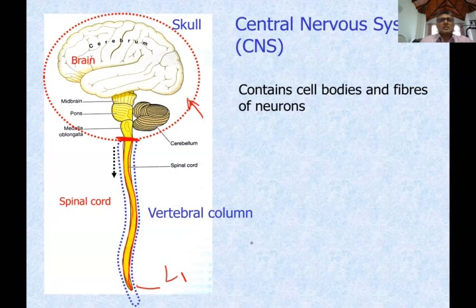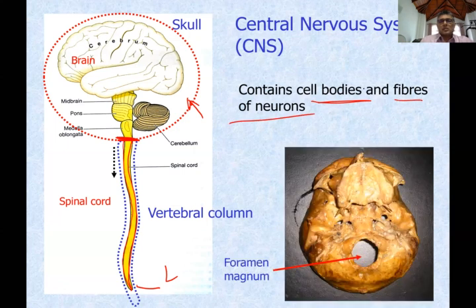And the central nervous system contains cell bodies and nerve fibers. I will come back to it. So this is the foramen magnum. You have learned it. Okay, so below that is the spinal cord.